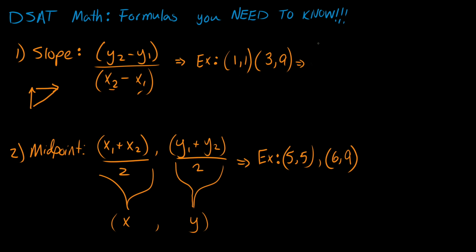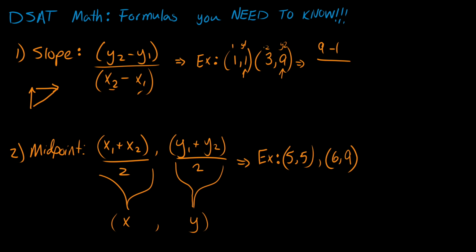So in this example, we're given two data points, and we have to find the slope, right? We figure out that this is our y2 value, and this will be our y1 value. I just like to count 1, 2, 1, 2, just for convenience. So we substitute values into this equation. We have 9 minus 1 over, and then we have to do x2 minus x1, right?